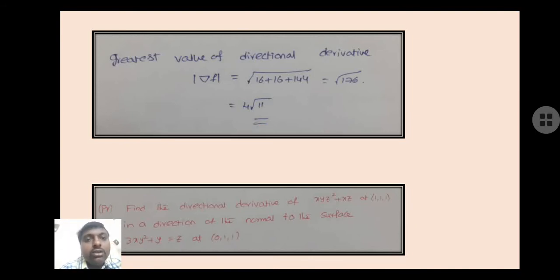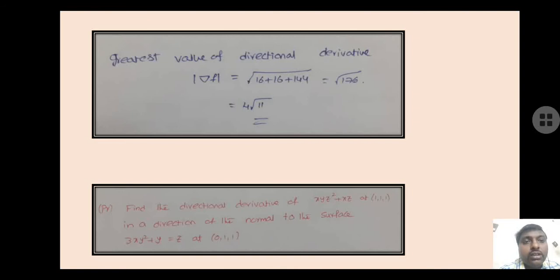Okay. Now I will discuss the next problem. Find the directional derivative of the scalar point function x y z square plus xy at the point 1, 1, 1 in the direction of the normal to the surface 3x y square plus y is equal to z at 0, 1, 1. Okay.